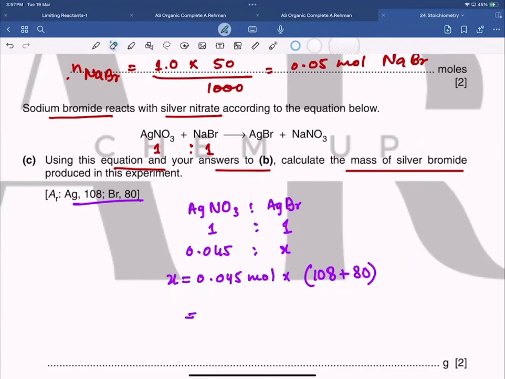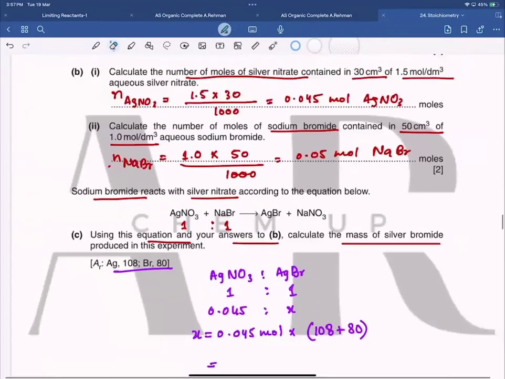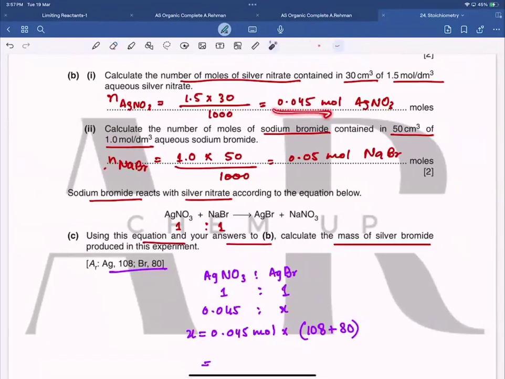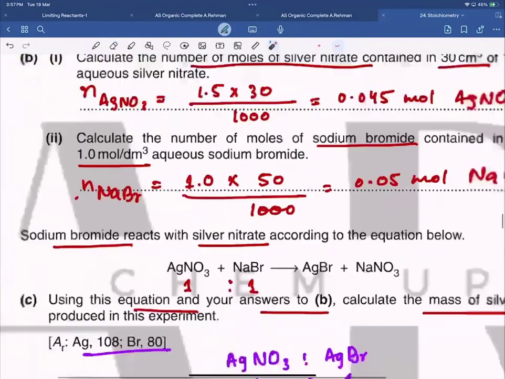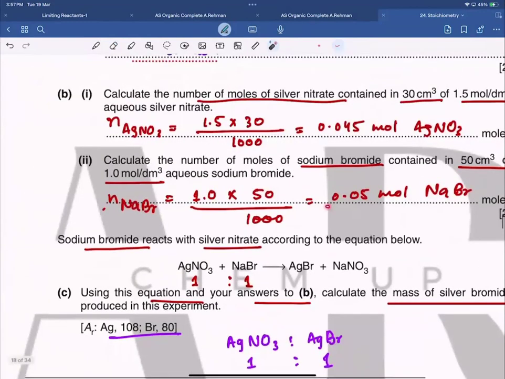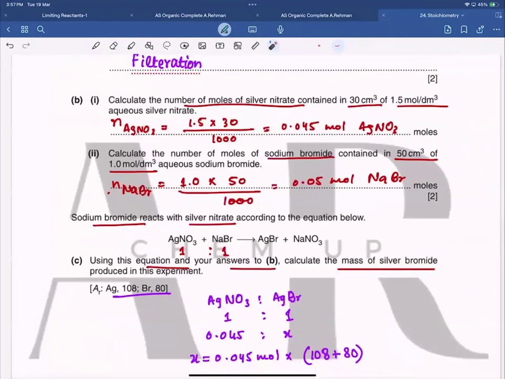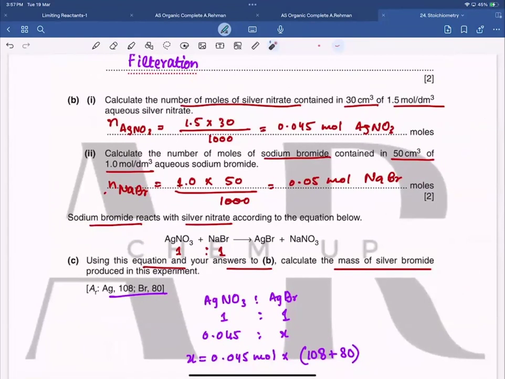No, that's what I am telling you. You can't use both because both are not in the same ratio. You have a balanced equation. Tell me how much silver nitrate you have: 0.045. And how much sodium bromide you have: 0.05.